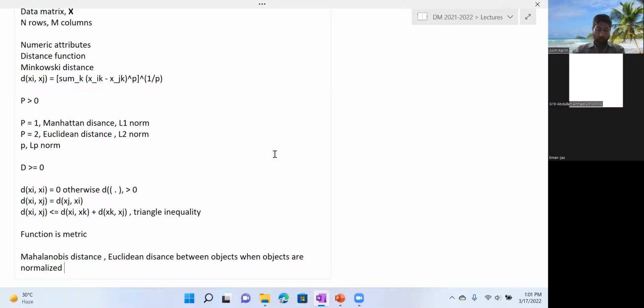We talked about normalization previously. There are various ways of normalization, so z-score normalization plus decorrelation.